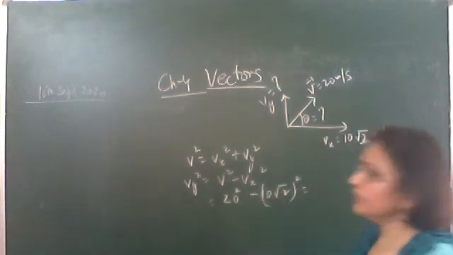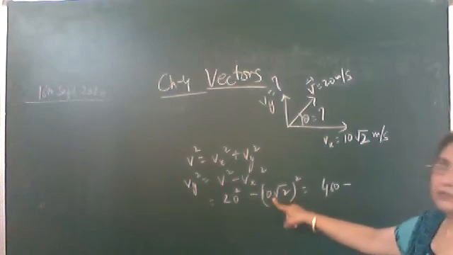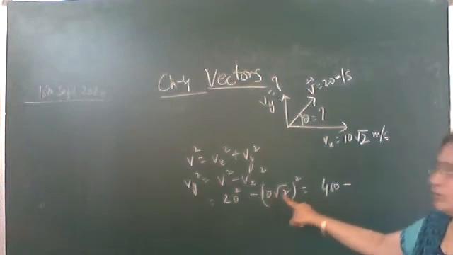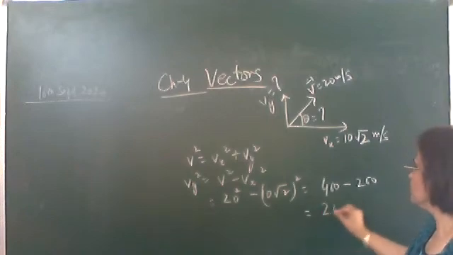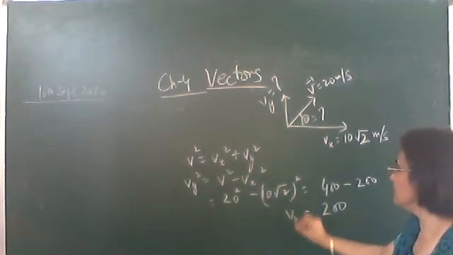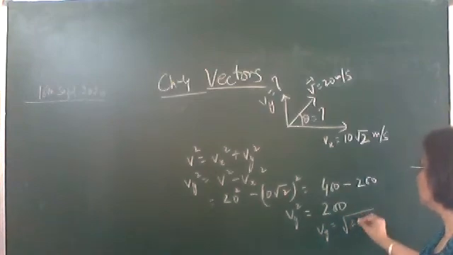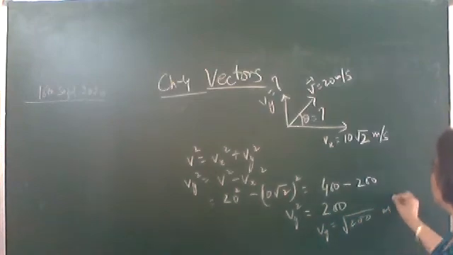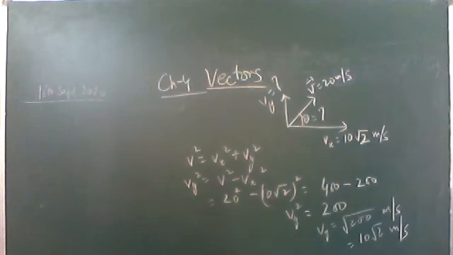How much is it? 20 square is 400, minus 10 square, 100, into 2 is 200. So Vy square is equal to 200. So Vy is equal to under root 200 meter per second, which can be written as 10 into root 2 meter per second. So the y component is also equal to 10 root 2 meter per second.